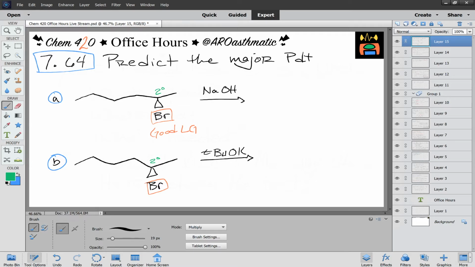So, secondary carbon, totally possible to do SN2 on a secondary. Primary is preferable, but secondary is still possible. Secondary versus primary doesn't really make much of a difference for elimination. For elimination, we need to see: do we have beta hydrogens? And the answer is yes, on both, since it's the same substrate.